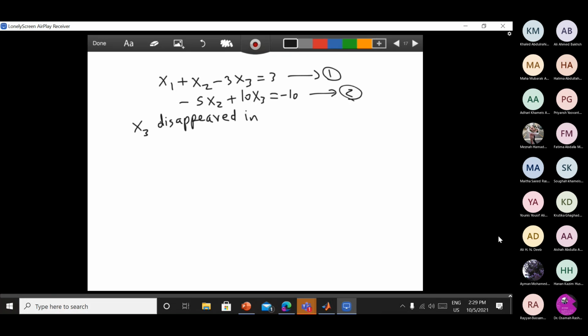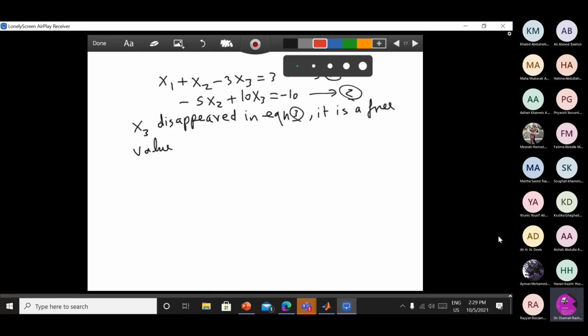In equation 3, I don't have equation 3. So it is a free variable. There's a free value. Say x3 equal to t, equal to r, whatever.